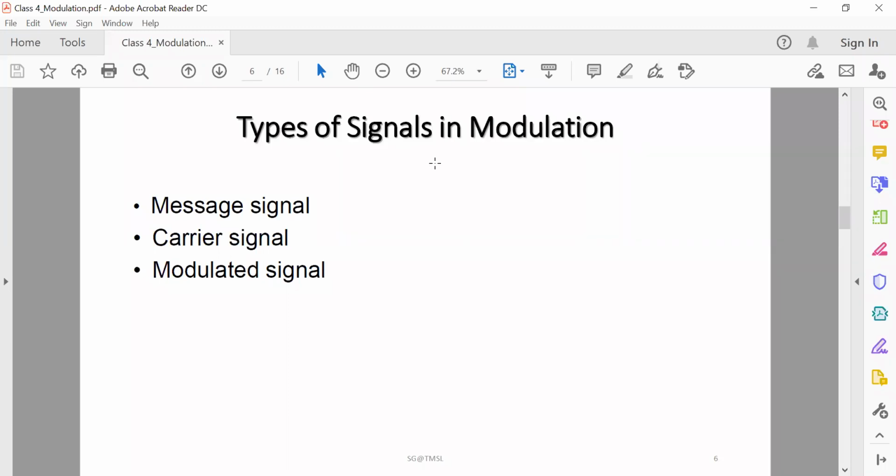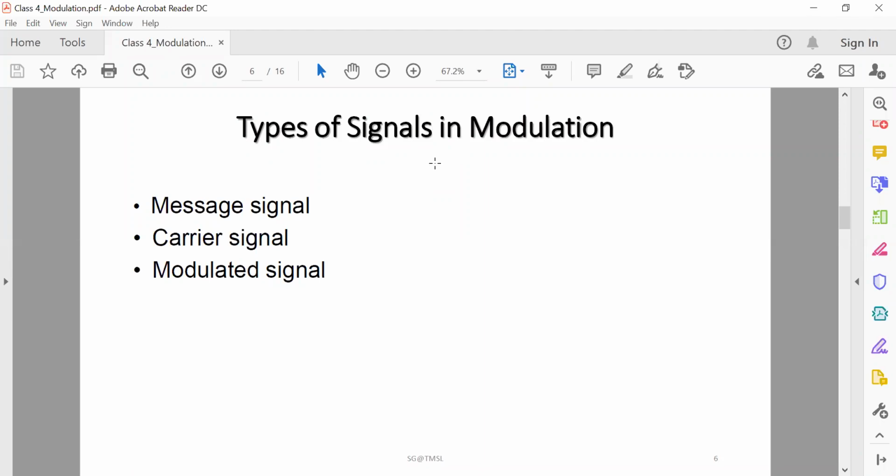The carrier signal is used to carry the message signal from the transmitter to the receiving side. The carrier signal is also sometimes referred to as an empty signal because it contains no information.